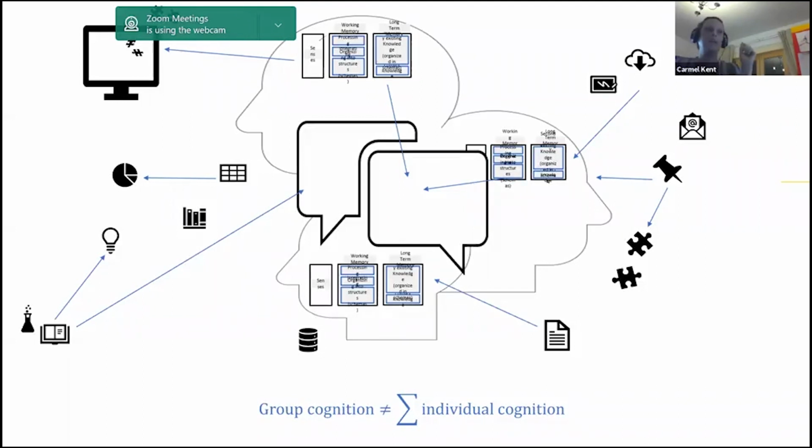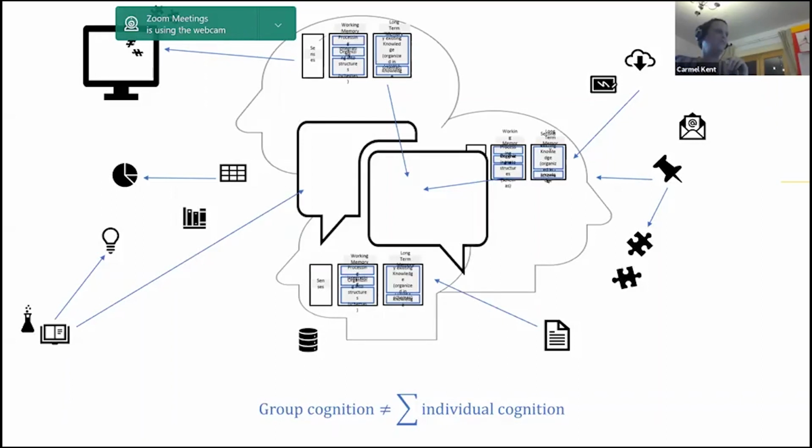And maybe even just because there are at least two properties of groups that we will be discussing shortly, two properties of groups that directly relate to group cognition and group dialogue and not to the individuals.